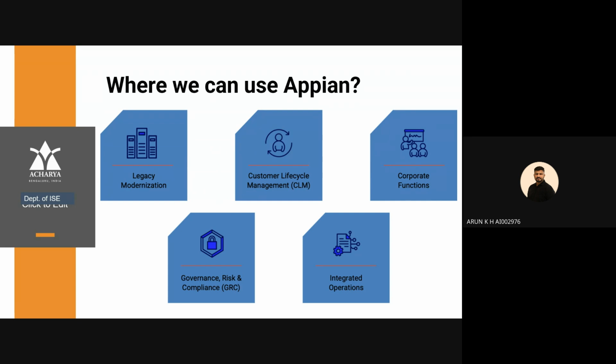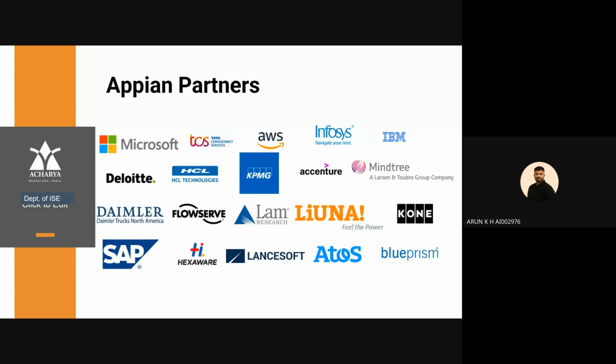Then integrated operations. Suppose if two organizations merger takes place and a lot of movement takes place, right? It's not just a human movement, it is a lot of process movement which would take place. There and all, if I want to use also Appian partners.